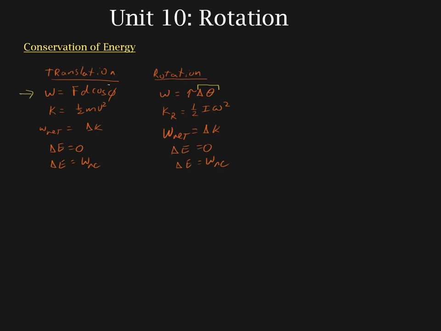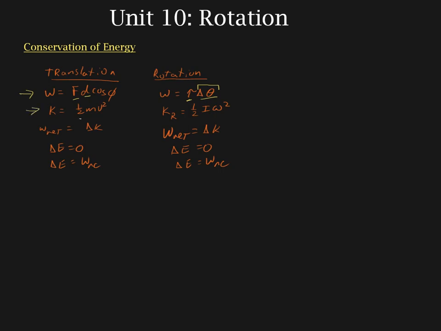We can ignore the cosine phi aspect of that for rotation because that's implicit to the torque, the way the interaction occurs. So it's still of the same basic form, force times displacement, force times displacement.